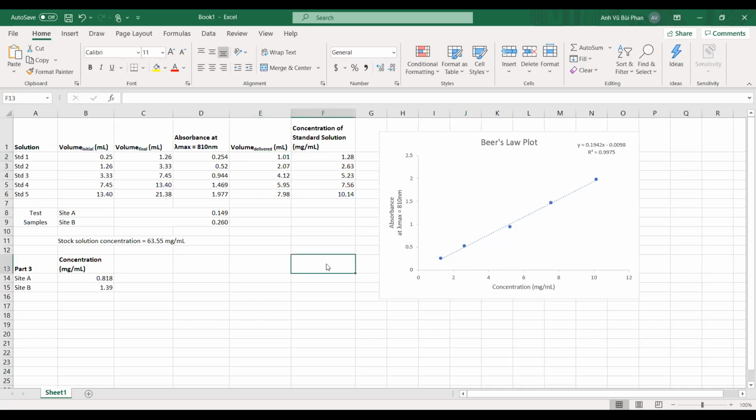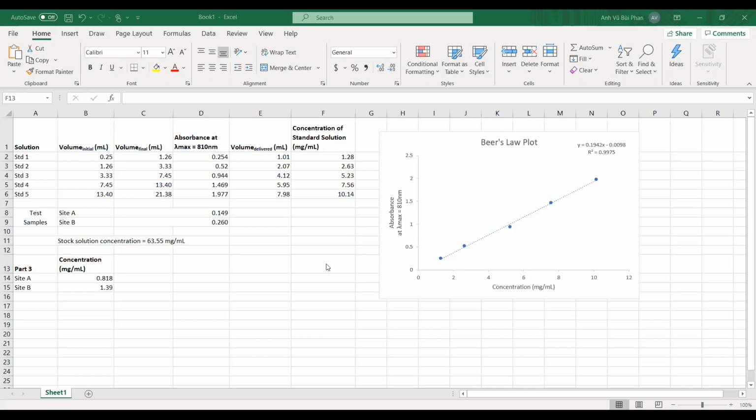Right. And next up, we're going to talk about why spectroscopy is a proper technique for this analysis of copper sulfate pentahydrate. So from the Beer's law plot that we found, we can tell the proportion between the concentration versus the absorbance.